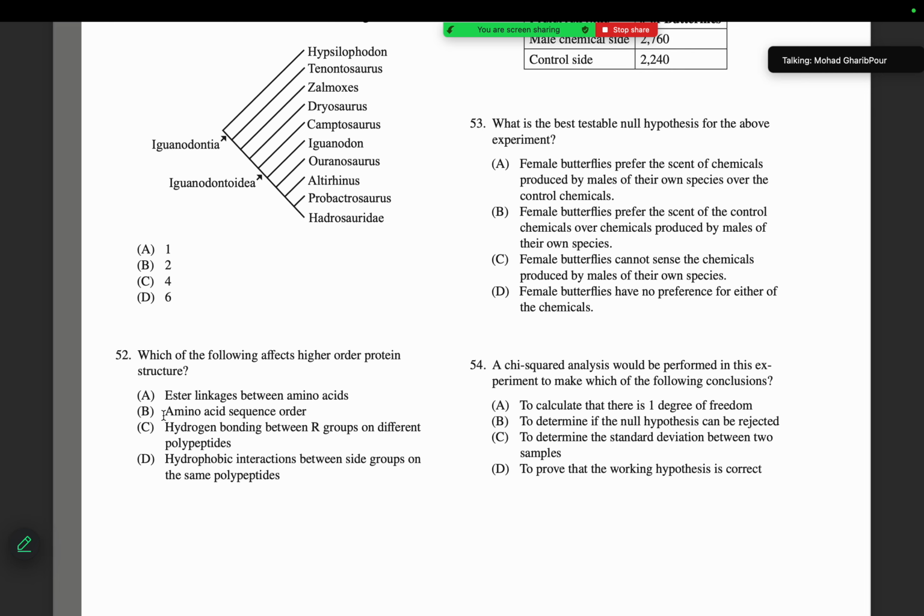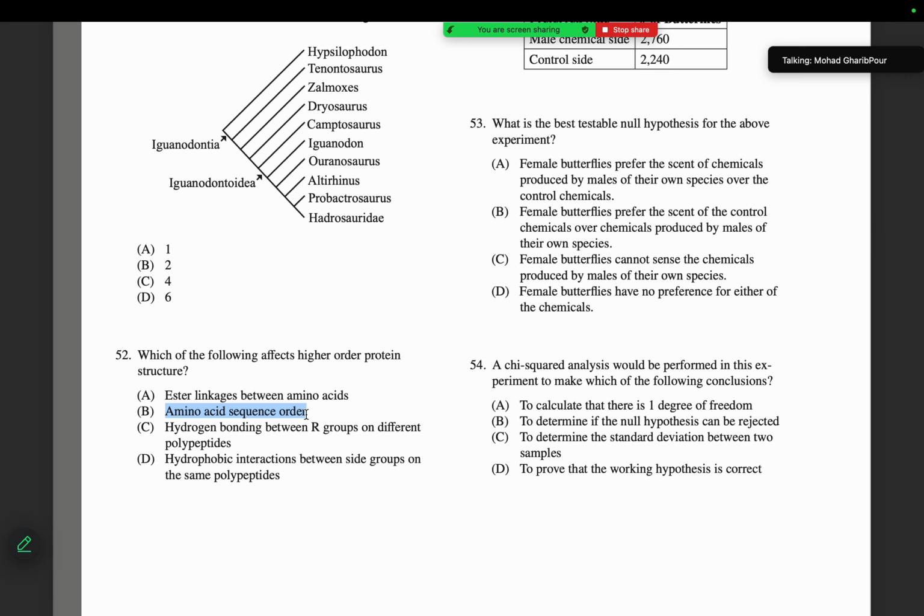B, amino acid sequence order. Yeah, it does affect higher order structure. So you guys have to go through primary, secondary, tertiary structures and determine what kind of forces are at play there. So let's go through them one by one.